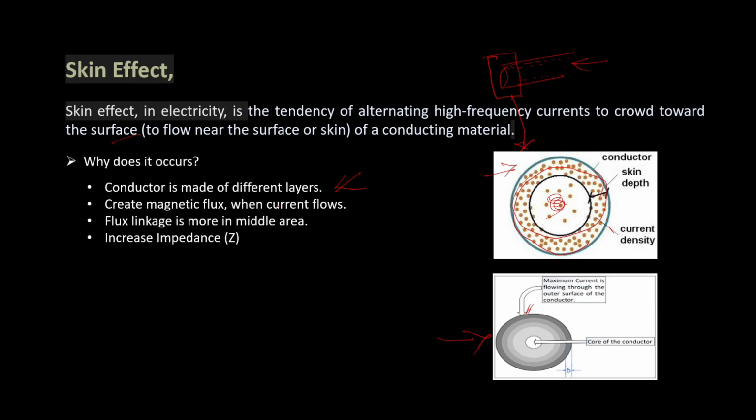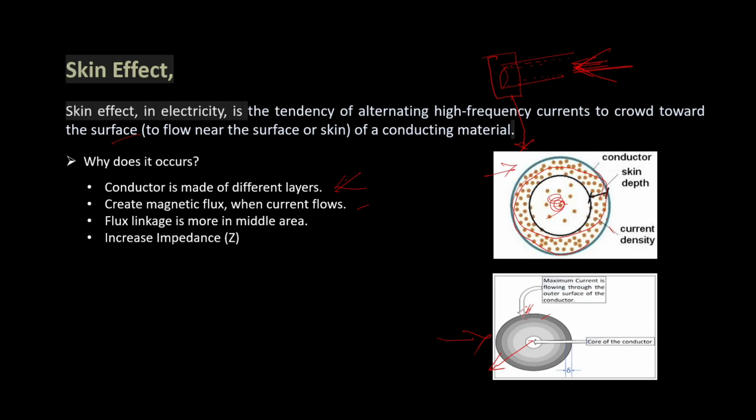Every layer creates magnetic flux when current flows. When current flows through this conductor, it creates magnetic flux for every layer.